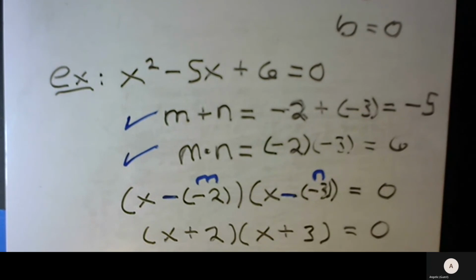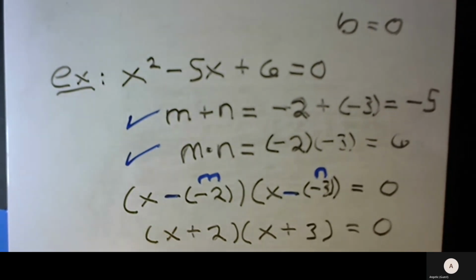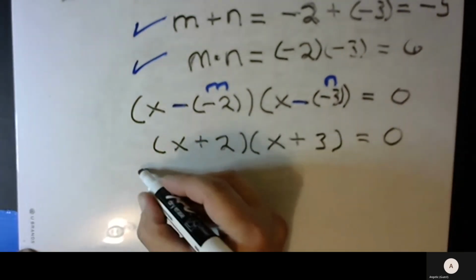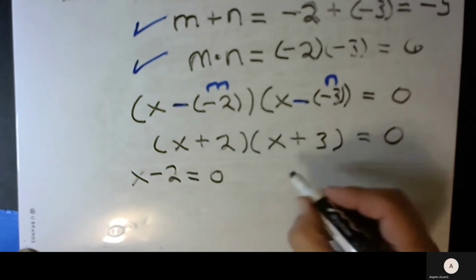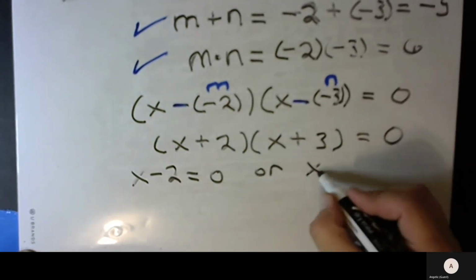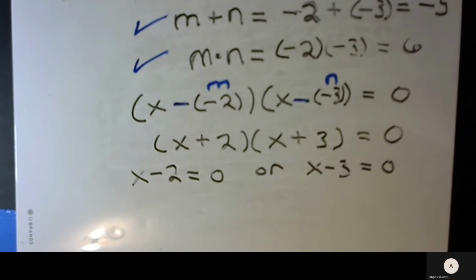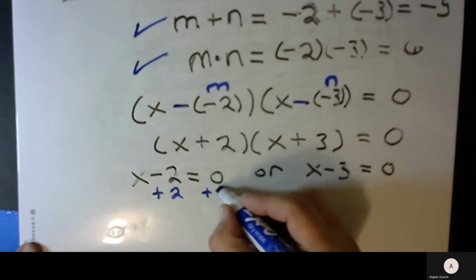So now we do the zero product principle. If this product, x plus 2 times x plus 3 is equal to 0, and then what that means is that x minus 2 is equal to 0, or x minus 3 is equal to 0. And then we just solve for x. Add 2 to both sides.